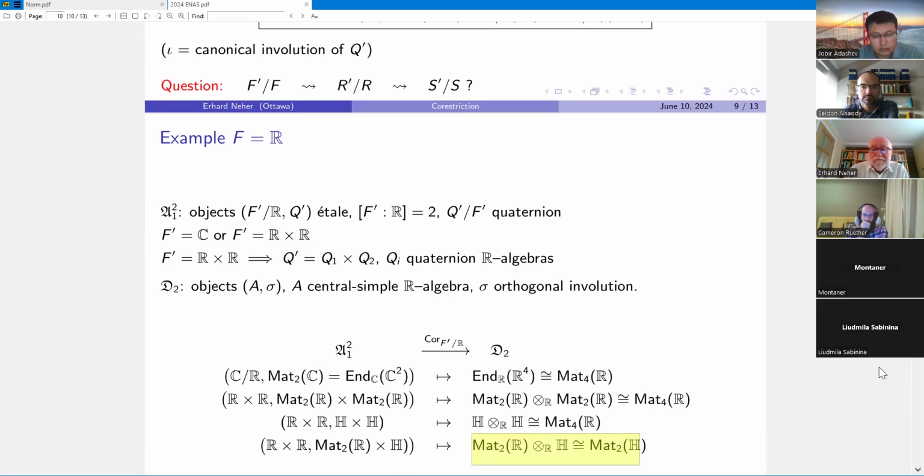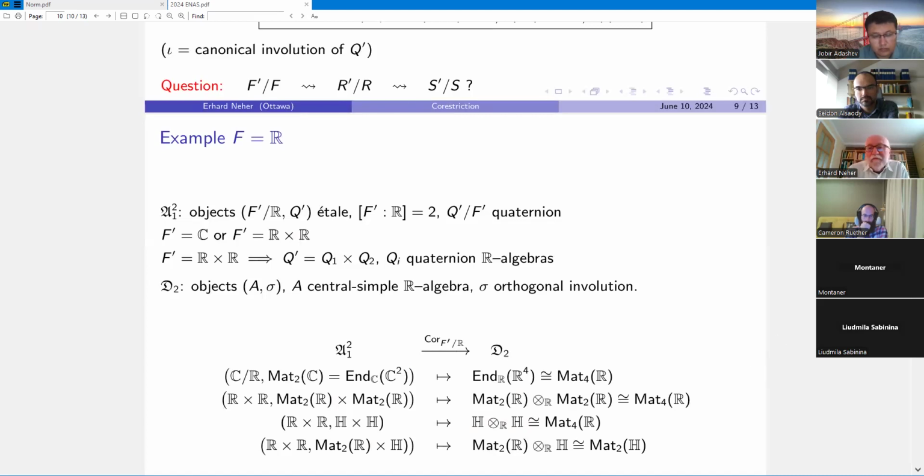So you see, we get at least all two central simple algebras over R of dimension 16, namely 4x4 matrices over R and 2x2 matrices over the quaternions.